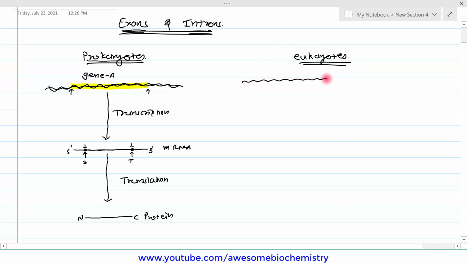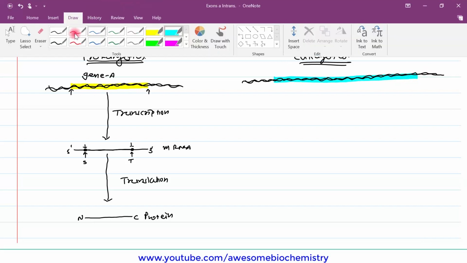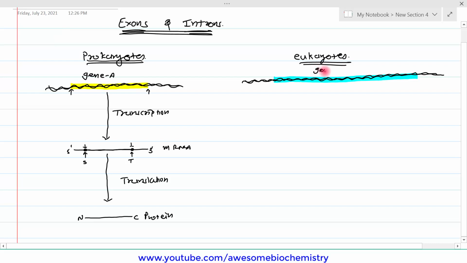Suppose this is double stranded DNA, just a portion of the double stranded DNA, and suppose this is gene B, this highlighted area is gene B. Here also this gene can undergo transcription.